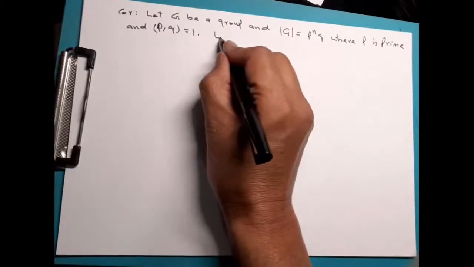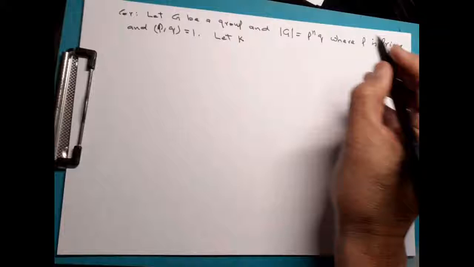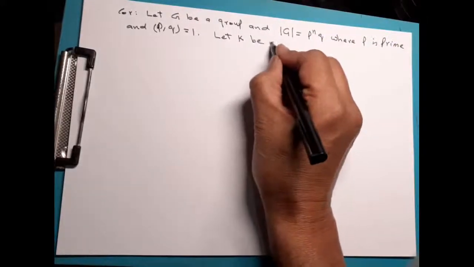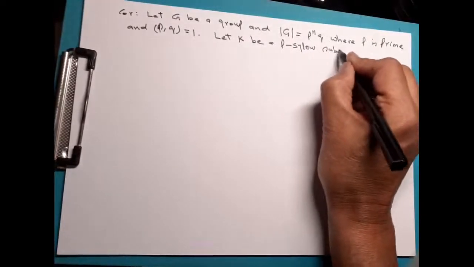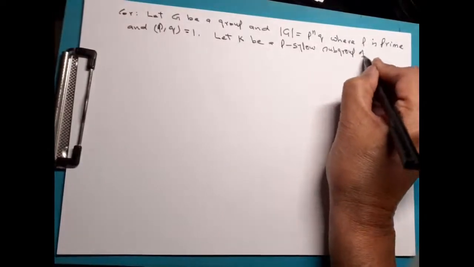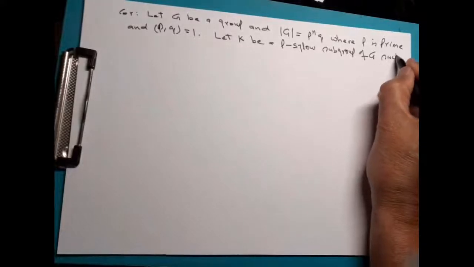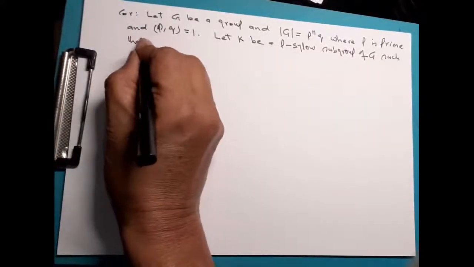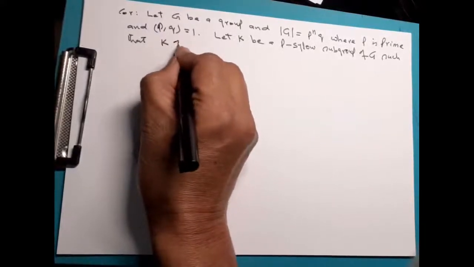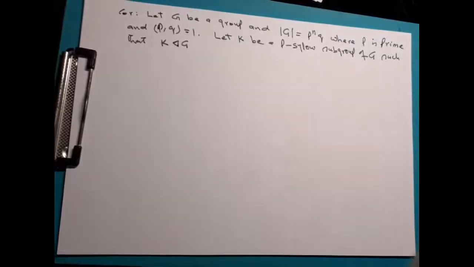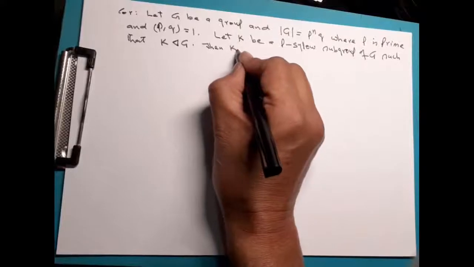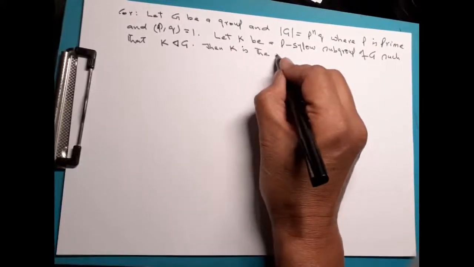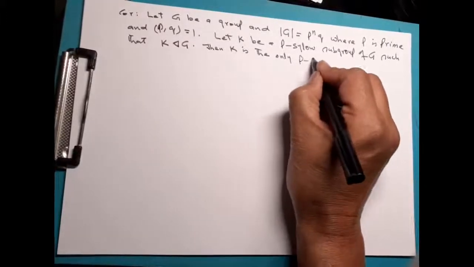Let K be a p-Sylow subgroup of G such that K is a normal subgroup of G. K is a p-Sylow subgroup and is a normal subgroup of G. Then K is the only p-Sylow subgroup of G.